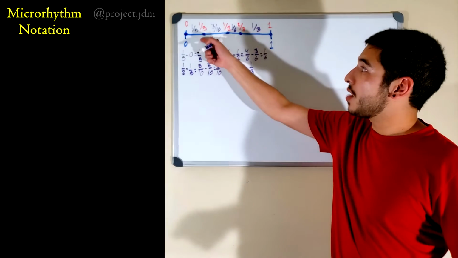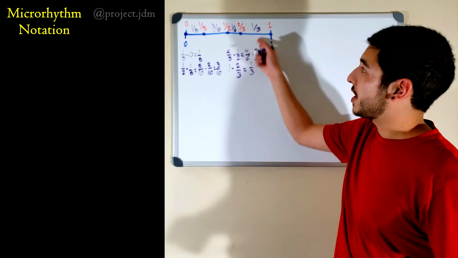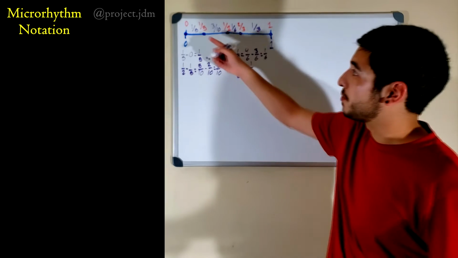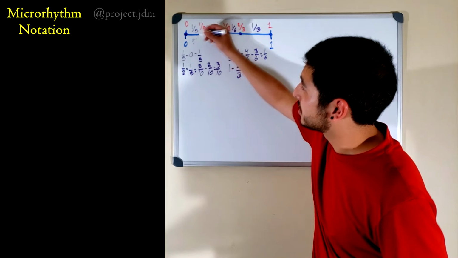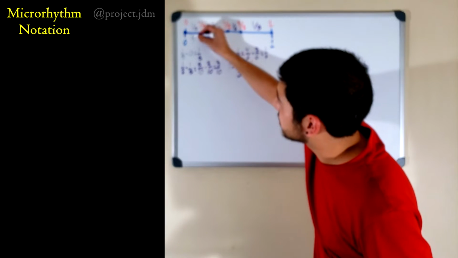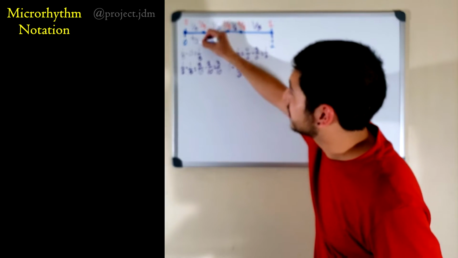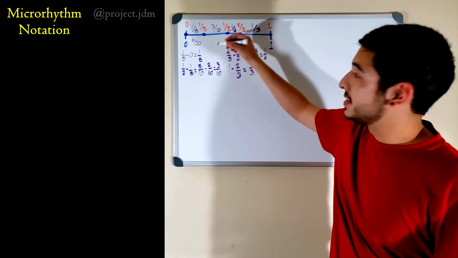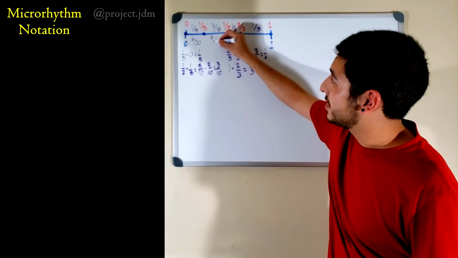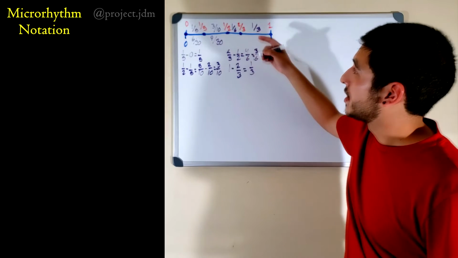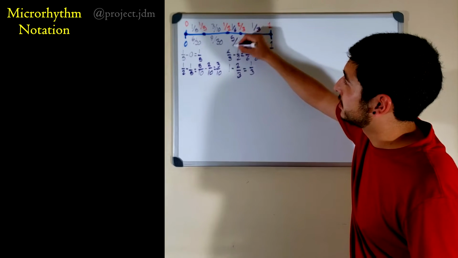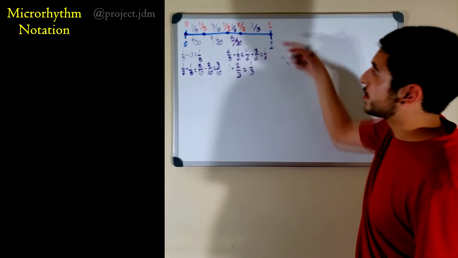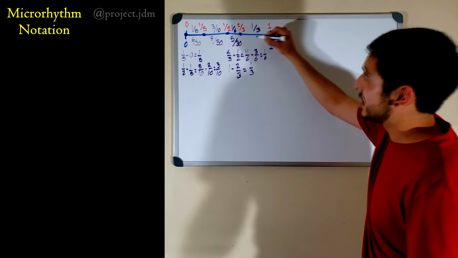So we can now write each of these fractions with the 30 on the bottom. 1/5 is the same thing as 6/30. 3/10 is the same thing as 9/30. 1/6 is the same thing as 5/30. And 1/3 is the same thing as 10/30.